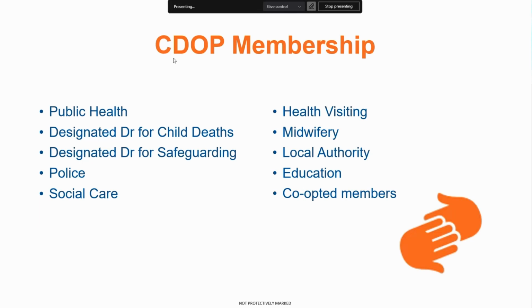Social care, whether or not that be social care from City of York or from North Yorkshire. Any health visiting services or midwifery services that were available, other local authority representation as be appropriate, and education partners as well. And we would also look to co-opt any other members as would be required for that particular CDOP panel.